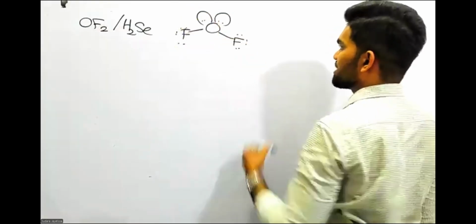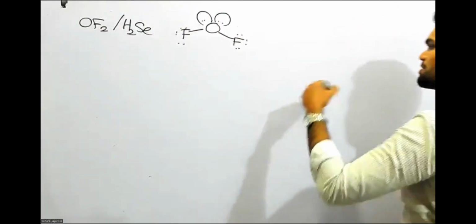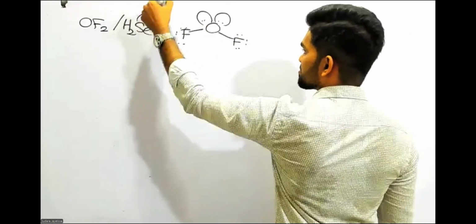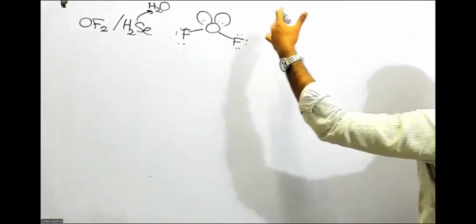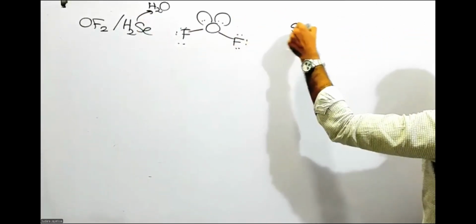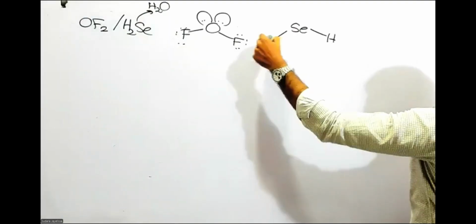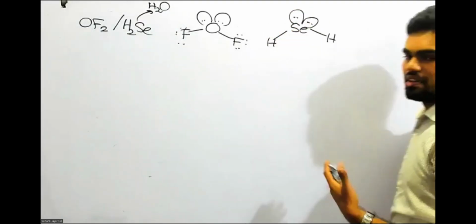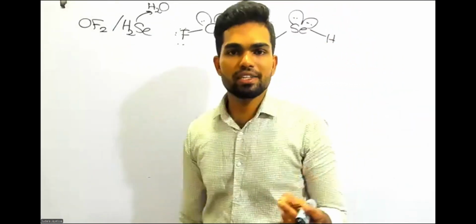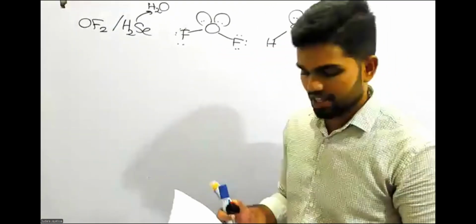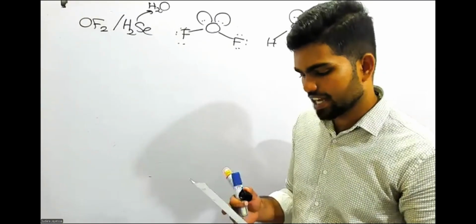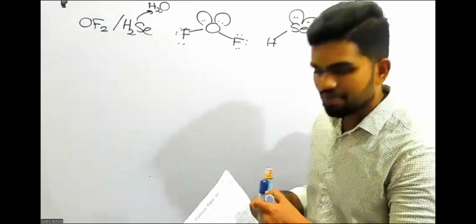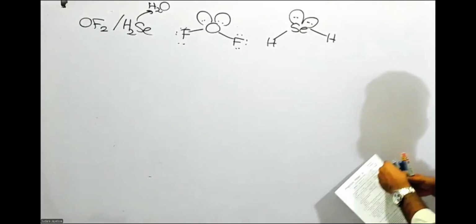So there are 2 lone pairs. And H2Se is also similar to H2O. So both of them have basically the same electron pair geometry and the same shape also. Here they are not asking about the shape, but for this answer, the shapes are also the same. What is the shape? Angular or bent shape.